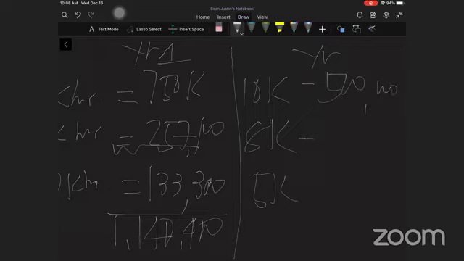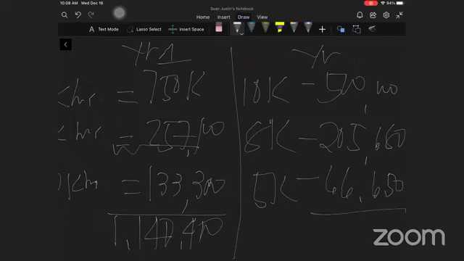Then 8,000 hours times, pila to? 25.71. 8,000 times 25.71, that is okay, 205,680. And for machine C, that's 5,000 hours times 13.33, that is okay, 66,650.